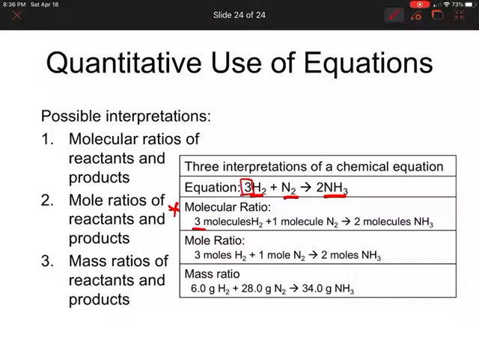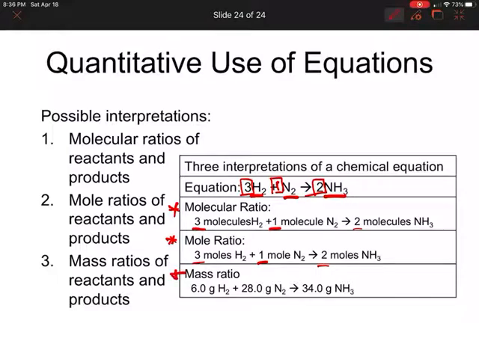That's this number right here that tells you that there's 3 molecules. There's no number right here, so that's basically a 1. Tells you that there's 1 molecule of N2, and then there's 2 molecules of this NH3. All right, so that's how you do the molecular ratio. The mole ratio is the exact same thing. It's just like there's 3 moles of H2, 1 mole of N2, and 2 moles of NH3.